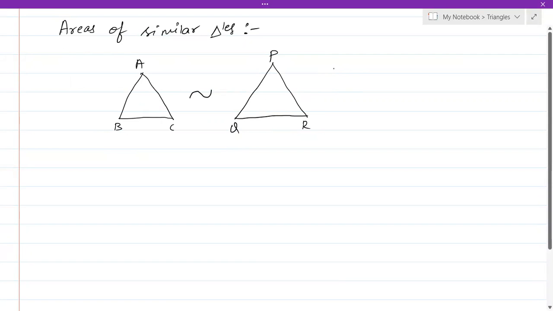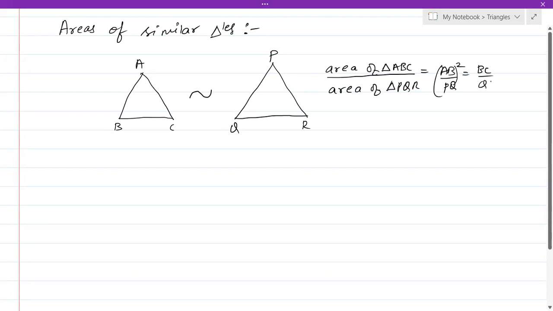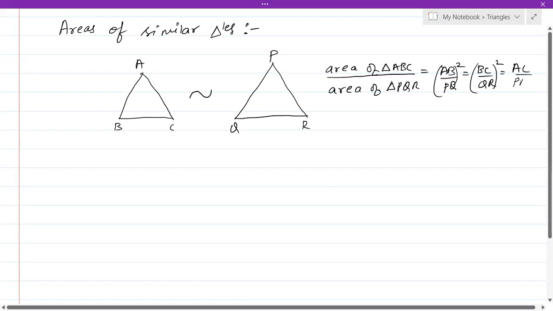then we can say an important result, that is area of triangle ABC divided by area of triangle PQR will be equal to, that is, if you take the ratios of areas of the triangles, it will be equal to squares of the ratios of corresponding sides, that is AB by PQ the whole square, which is equal to BC by QR the whole square, that is equal to AC by PR the whole square.